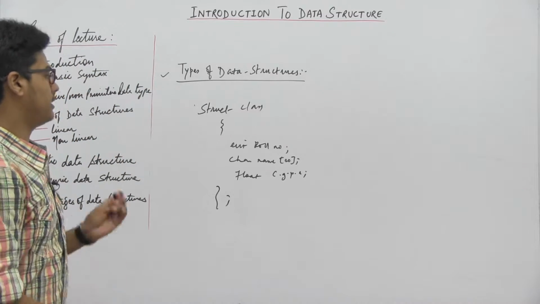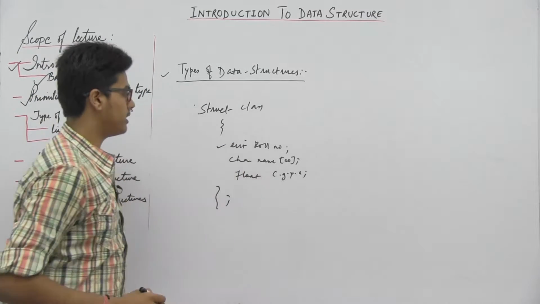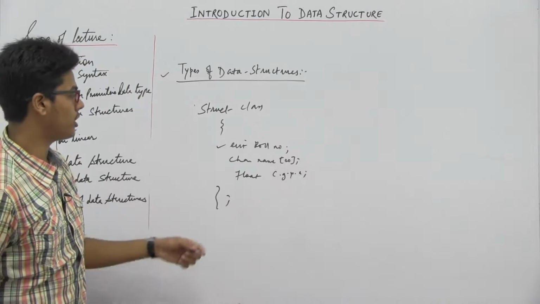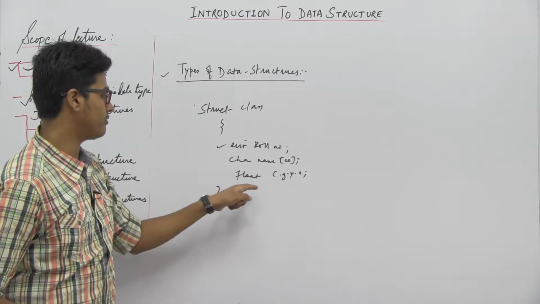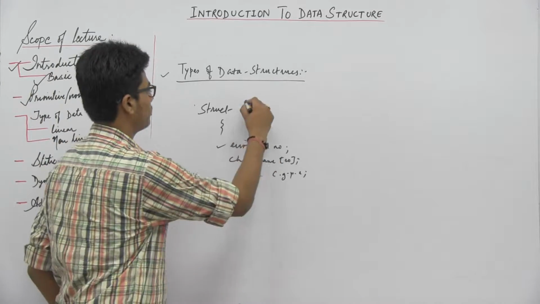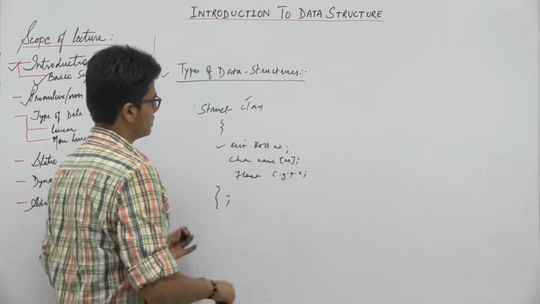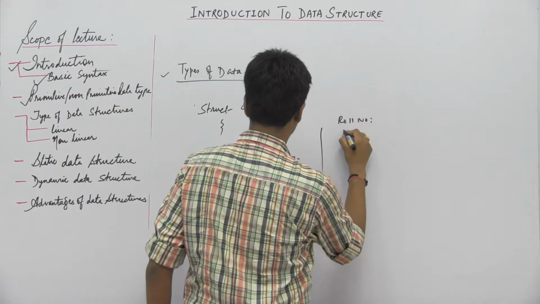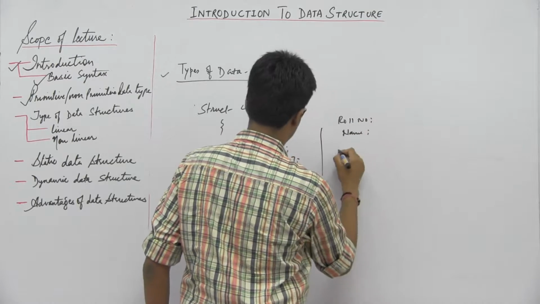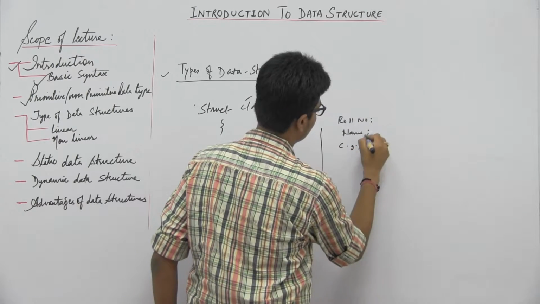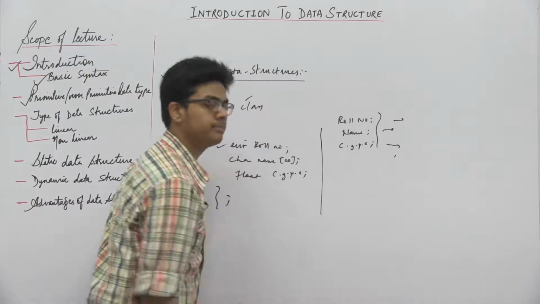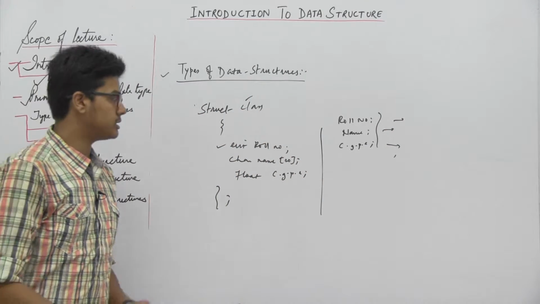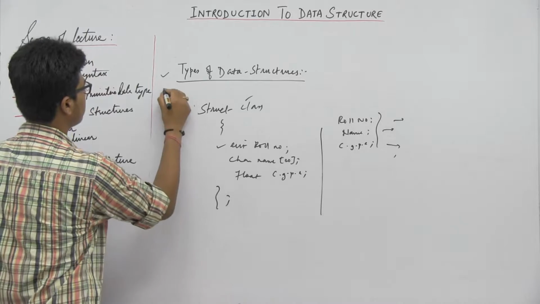So a simple data structure defines an integer data type called roll number, a character array name of size 20, and a float CGPA, in which we store the data of a student in a class, representing roll number, name, CGPA, and finally display it. So it is in the form of primitive data types.